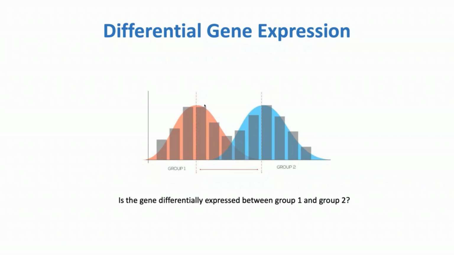And there are a couple of assumptions, and every algorithm for differential gene expression takes different assumptions into account. So for example, what is actually the distribution of gene expression? In this plot, it looks like a normal distribution, but some algorithms will tell you that it's actually a negative binomial distribution.